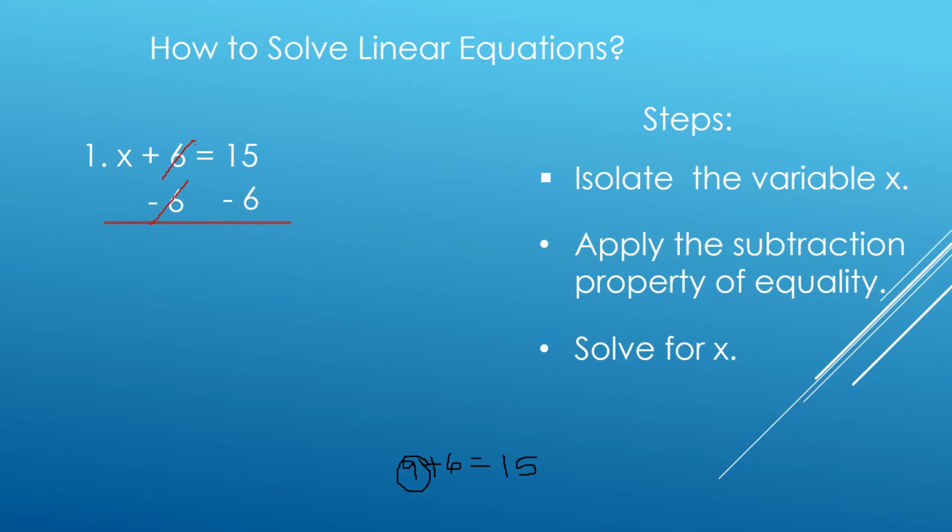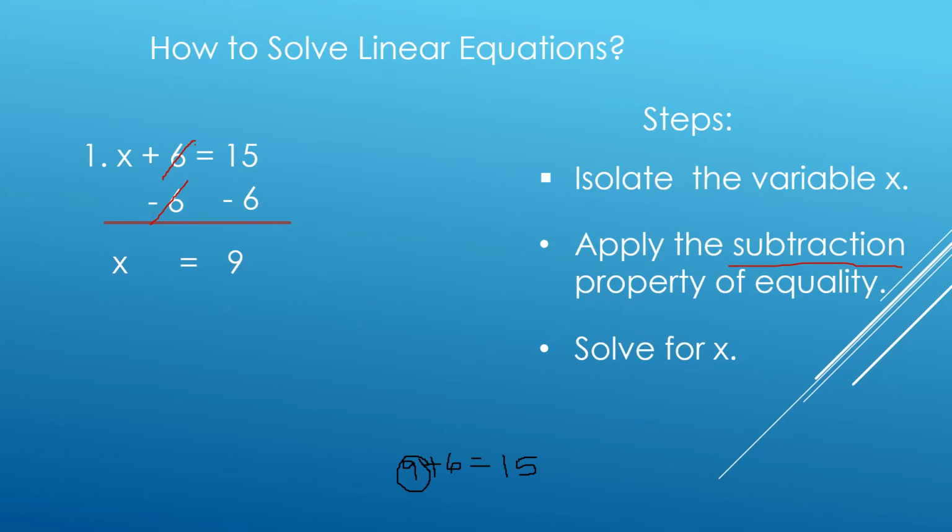So what we are left with now is only x equals, and then we have 15 minus 6, that is equal to 9. So x is equal to 9. Okay, so this is what we call the subtraction property. In order to eliminate the number, we are going to subtract the same number.